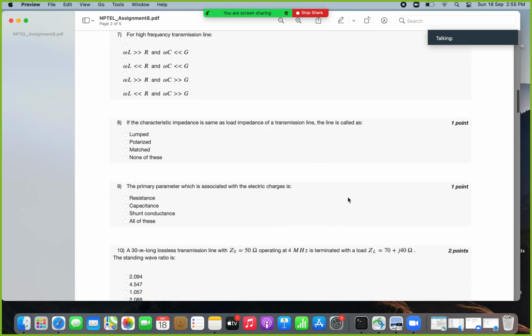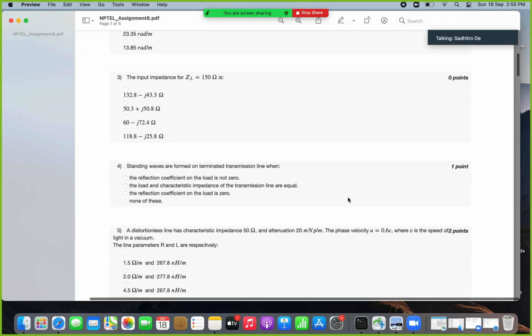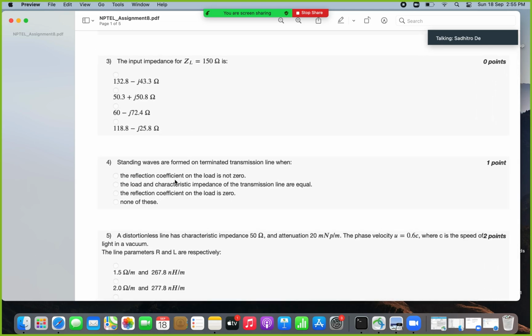All right. So the next question was the one about reflections. Standing waves are formed on the transmission line in which of these cases?